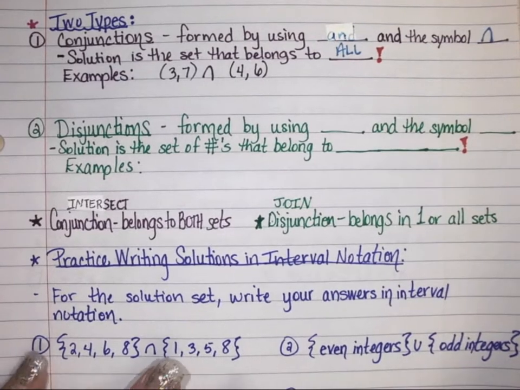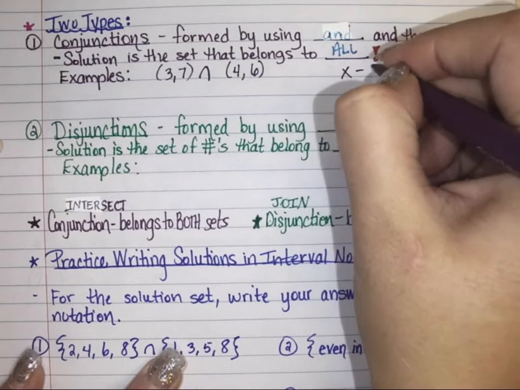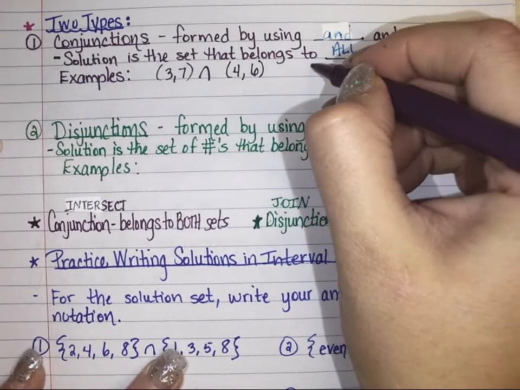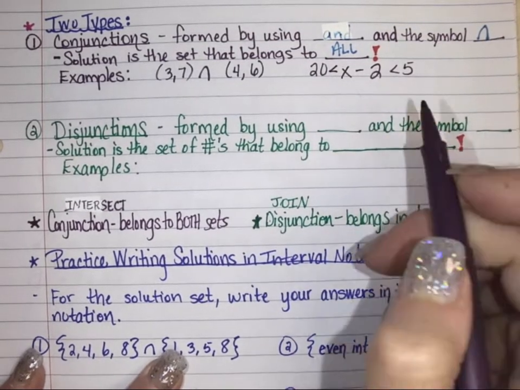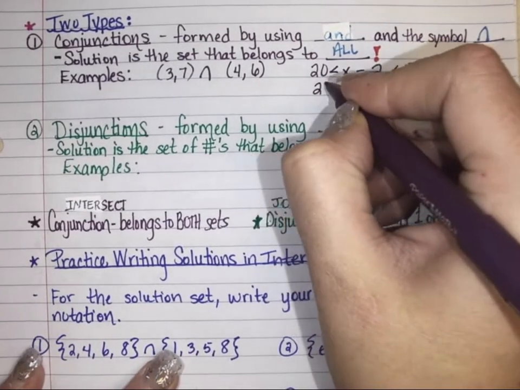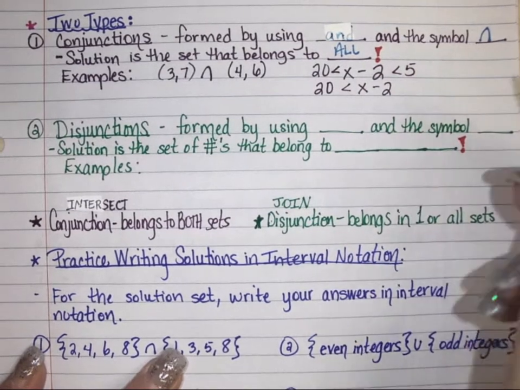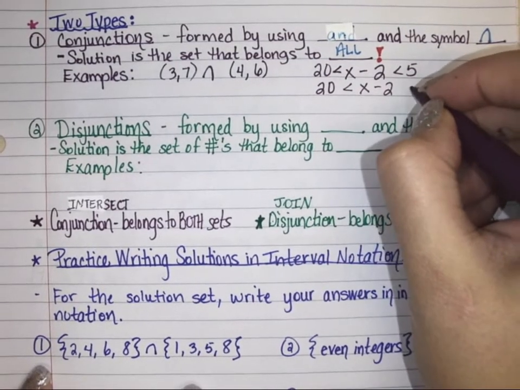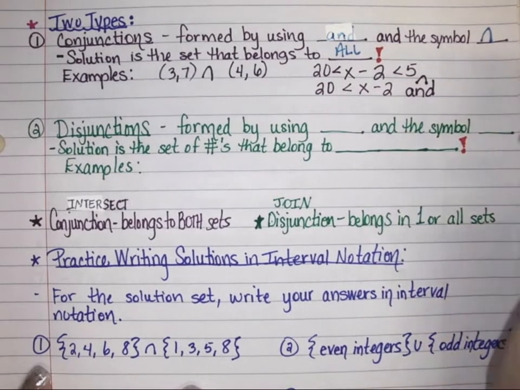Another type of conjunction you may see, a very common one, is like if I've got x minus 2 is less than 5 but less than 20. It's a sandwich or compound inequality put together. To solve these later on, you would split this up. You would use what's in the middle, which is x minus 2, and create one inequality with the left part, and join it with and or the symbol that also means and.